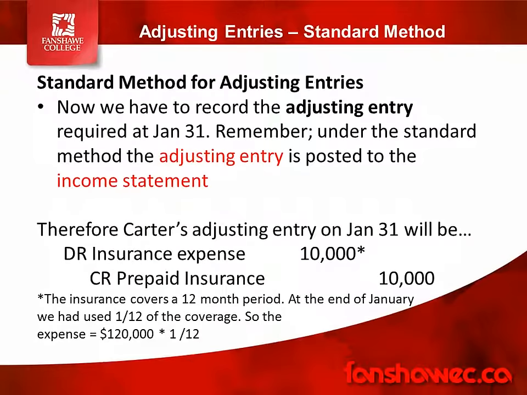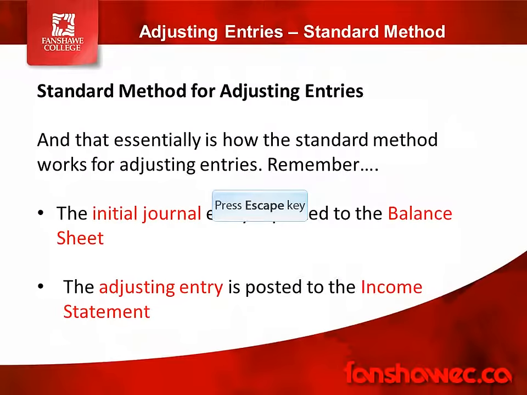Then the monthly entry for us would be to debit the unearned revenue because we've now earned some of it, and to credit insurance revenue or sales revenue or whatever they would call it. Again, the initial entry goes to the balance sheet and the adjusting entry goes to the income statement. That's the whole premise behind the standard method.